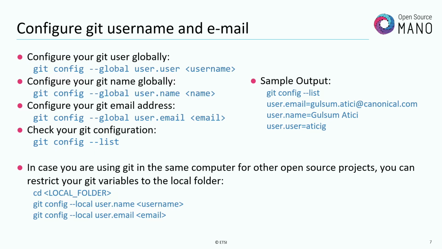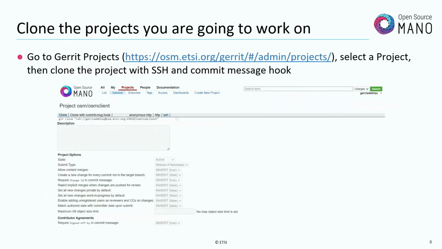After setting your user name and email, you can just check git config --list, and you will see a sample output like this. It means you configured Git to use your account, the username and the email. Now we have set up our Git, and we are ready to work on a project.